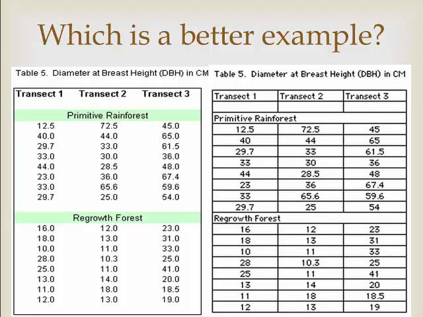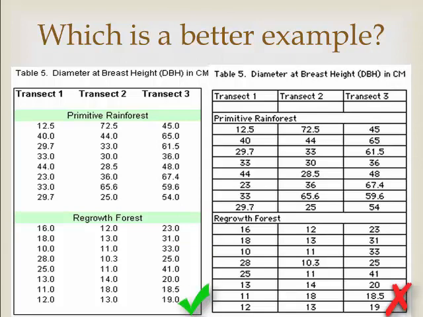Let's look at some examples. You have a table on the left and a table on the right. Comparing these two tables, which do you think is actually a better example? It's easier to read, easier to understand, clearer, and it helps you see the data better. Which is better, left or right? You can pause the video right here, think about it, and then I'll show you the answer.